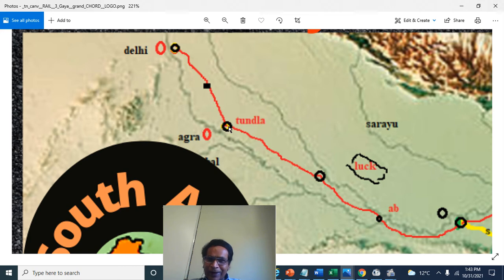From Tundla, it goes to Aligarh or Ramgarh or Koil town. Then it goes to Ghaziabad. The other branch goes to Bulandshahr and Meerut city and all those areas, Sitarampur, eventually crosses the Yamuna near Jagadhri and goes to Ambala cantonment of British Punjab at that time.